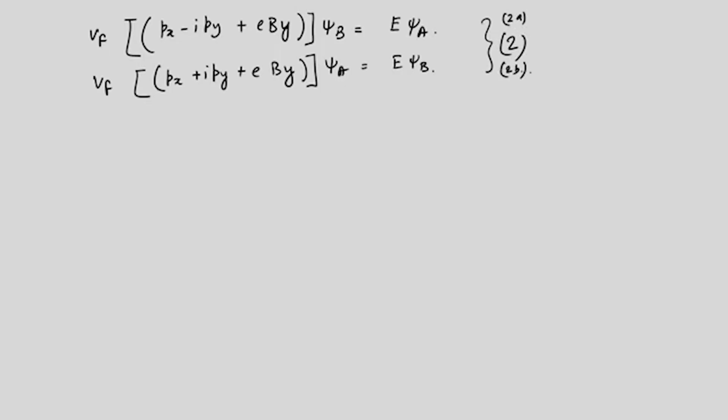Okay. These two equations we get from equation 1, and if you eliminate one of them in favor of the other, say we eliminate psi a and solve for psi b, then what one gets is the following. Basically, from 2b or 2a you calculate psi a and put it back into 2b, that is exactly what is done.